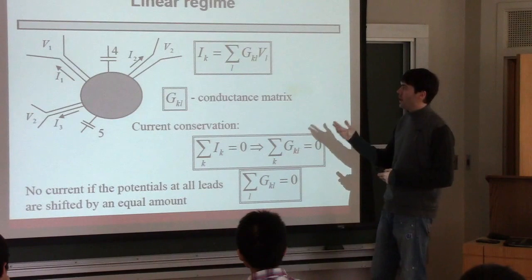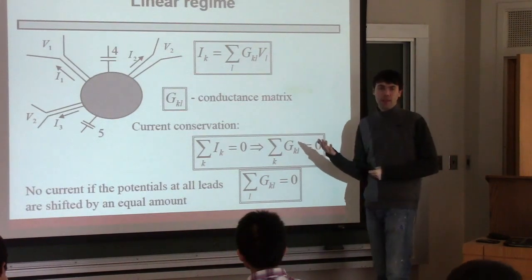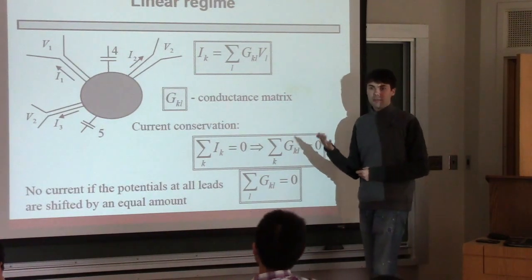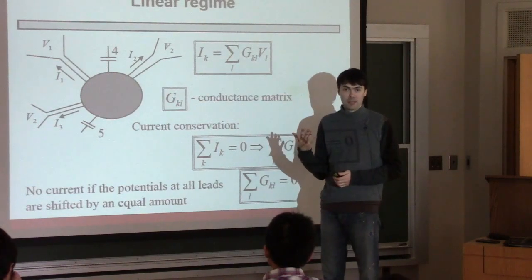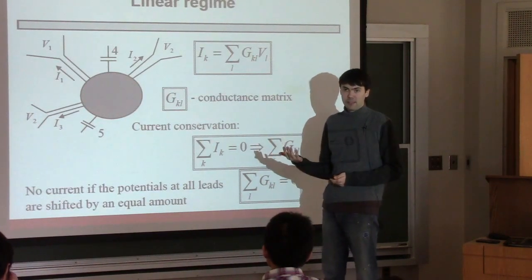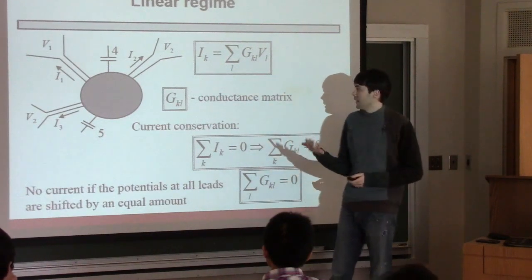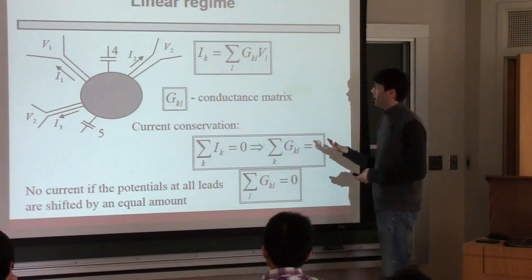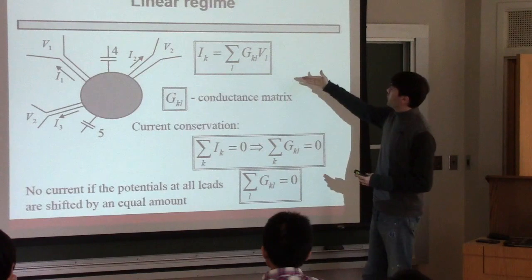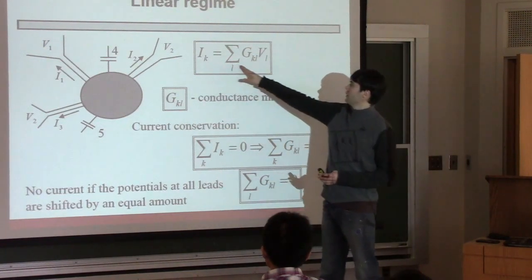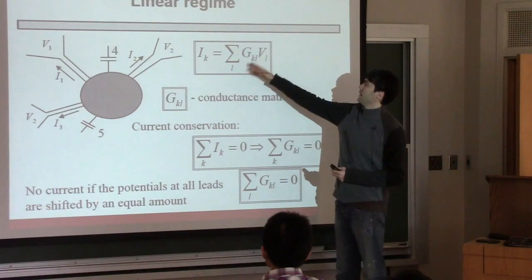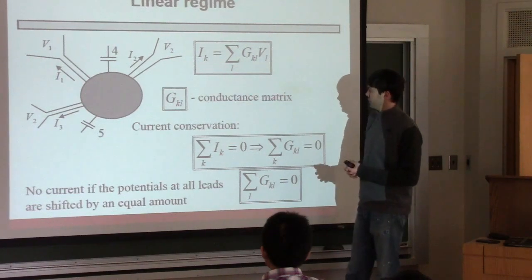And there is also a way to relate these somewhat abstract notions of transmission and reflection amplitudes, like in the S matrix, to real conductance values, or current, conductance, voltage values. So again, we want to obtain a linear regime formula where current is the sum of conductances times voltage.